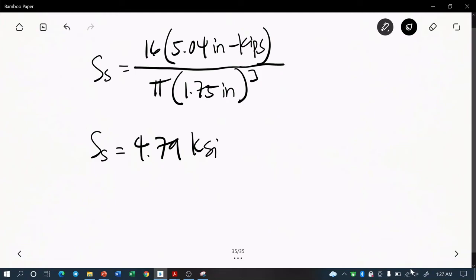From S sub y, we compute the equivalent yield strength in shear, denoted as S sub ys, and there is a suggested ratio of the S sub ys and the S sub y.